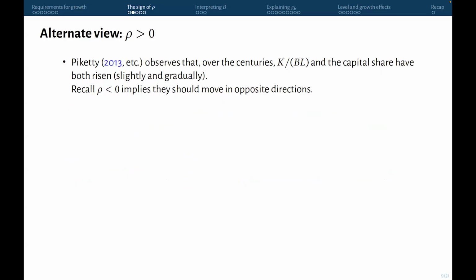There is an alternate view, which is that actually, this whole time, capital and labor have been gross substitutes. And this is the premise of Thomas Piketty's book, Capital in the 21st Century, and a lot of other research he did surrounding it.